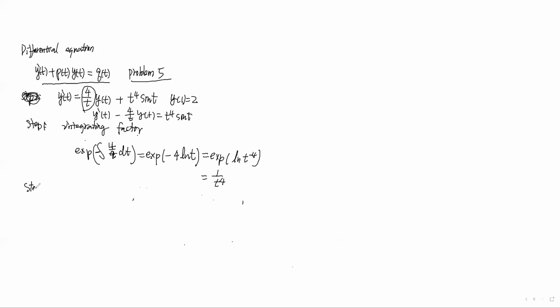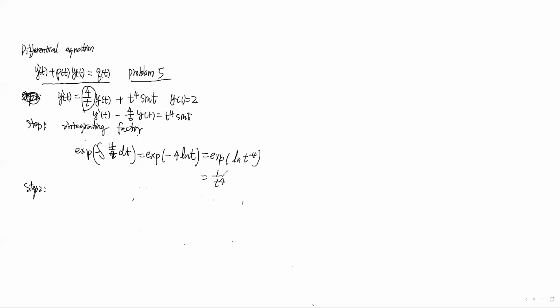Like I said, why do we do this? The goal is that after we multiply by the integrating factor, the right-hand side is a derivative of some function. So you just memorize it. You don't have to do any computation.